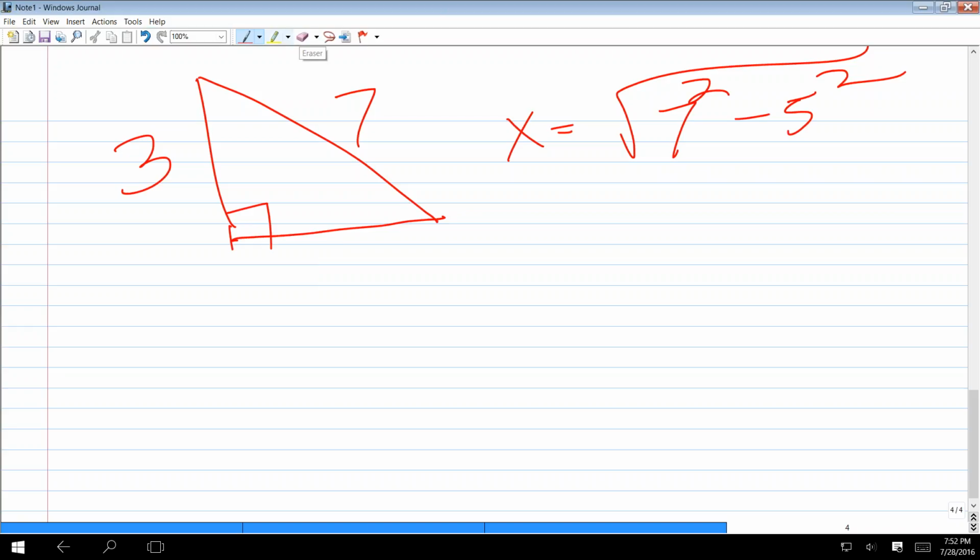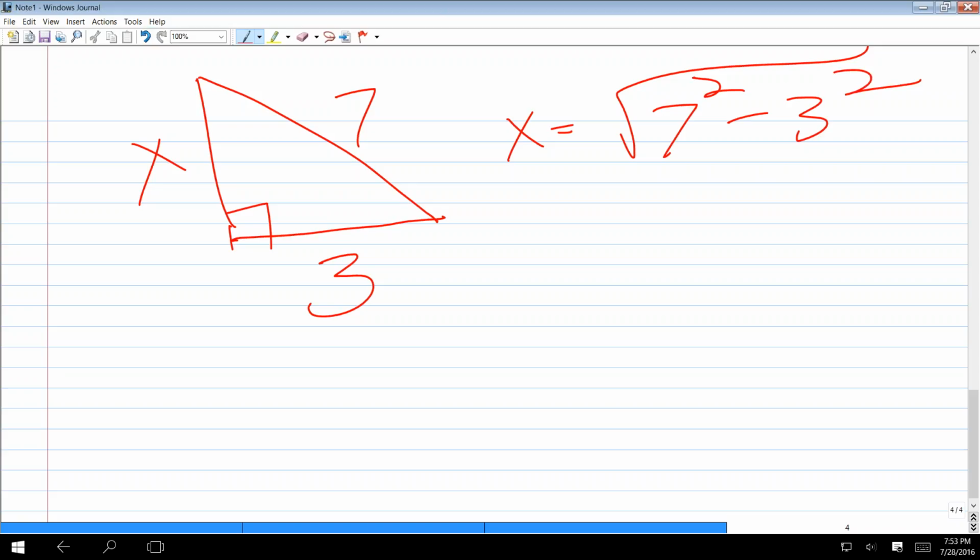And it doesn't really matter which short side I'm giving you. When you're solving for a short side, it's always the hypotenuse squared minus the other short side squared. So what's x here? X would be the square root of 7 squared minus 3 squared. Perfect.